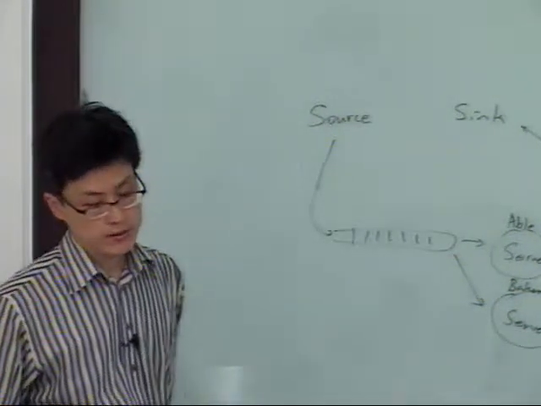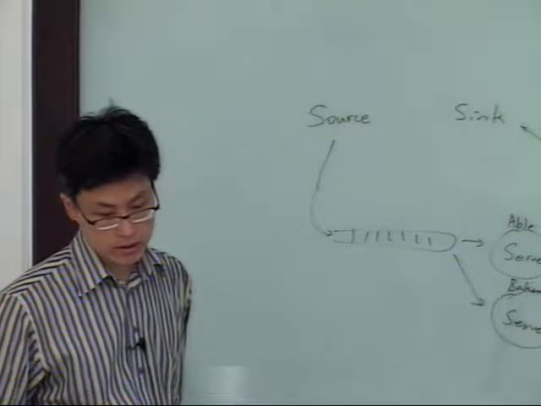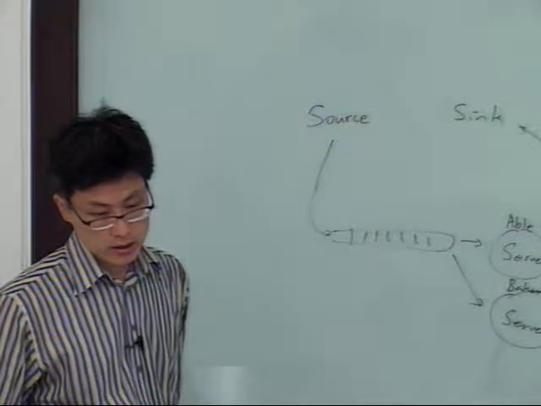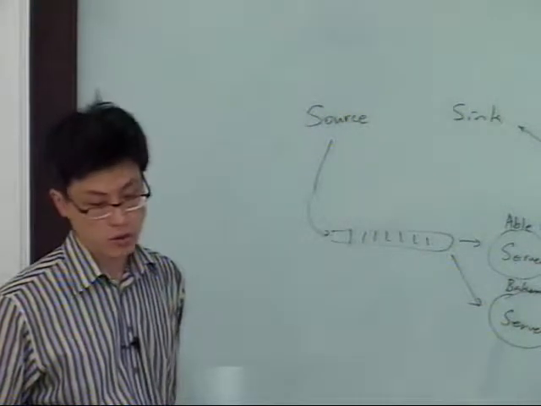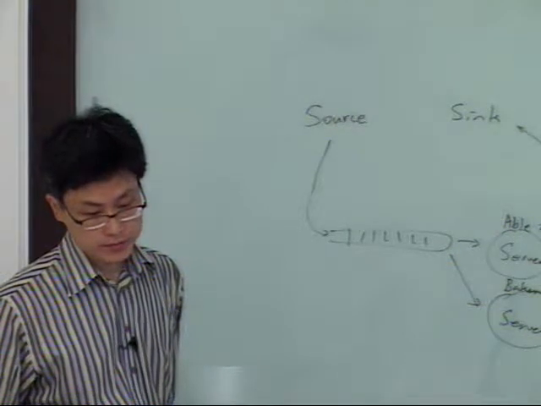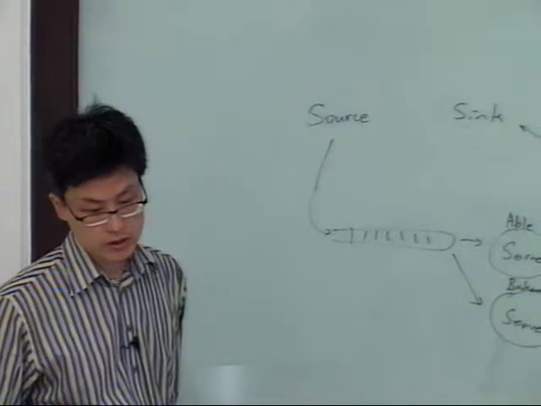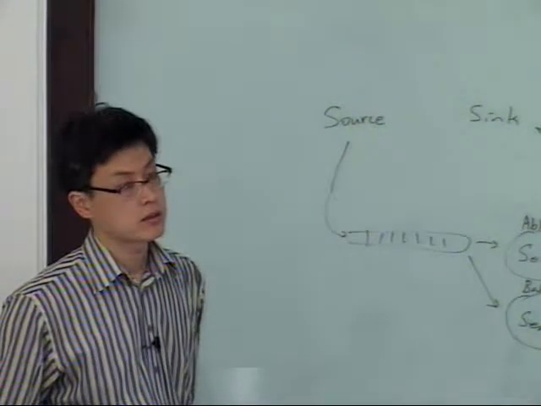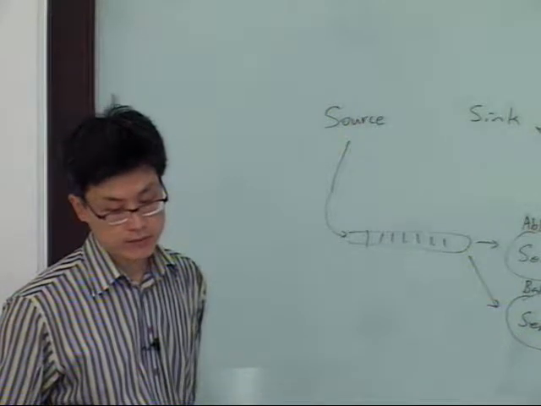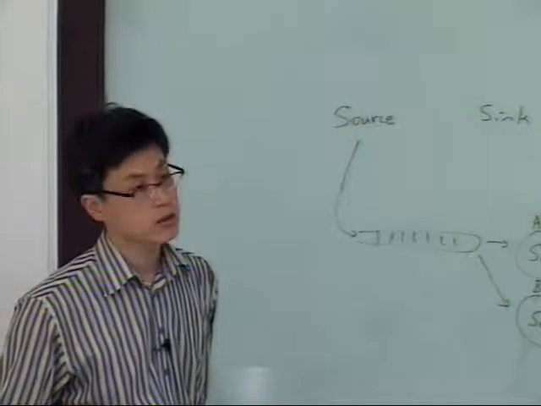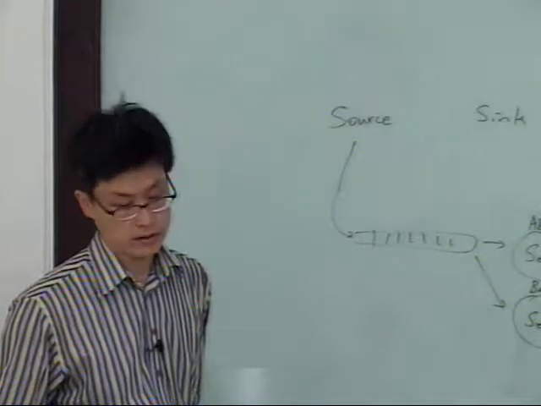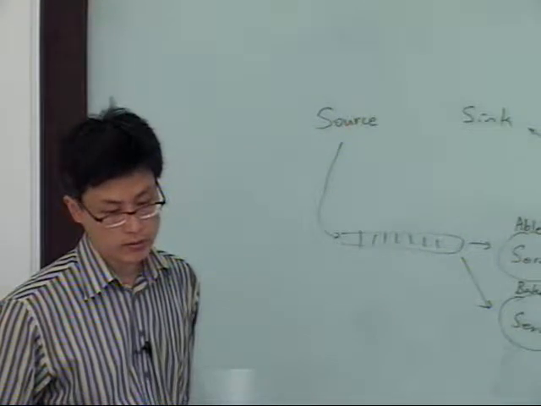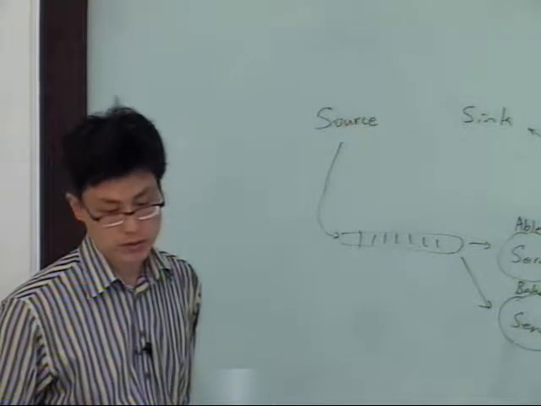The next customer arrives at 14. At 14, Baker is busy, and Able is also busy. So the customer has to wait until 15. Able ends at 15, Baker ends at 18, so Able comes first, so it starts from 15. 83, 38 of random number transformed into 3 minutes of service time.